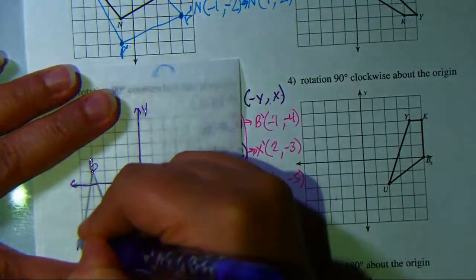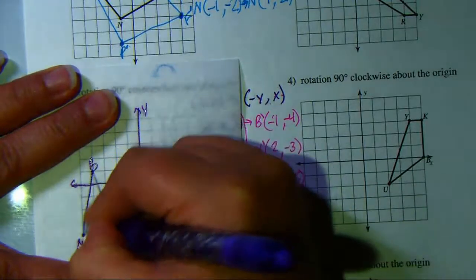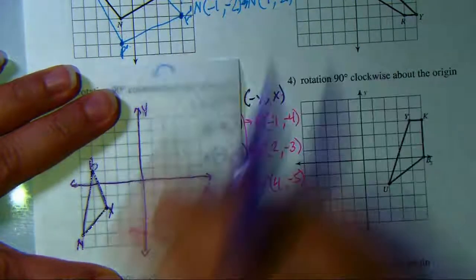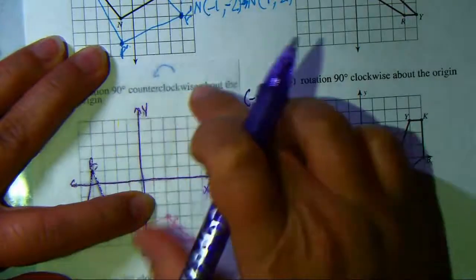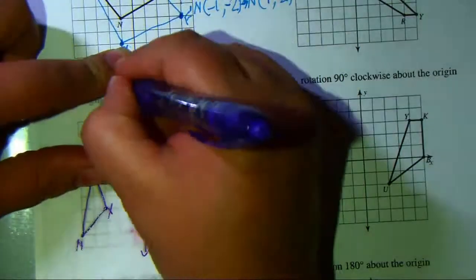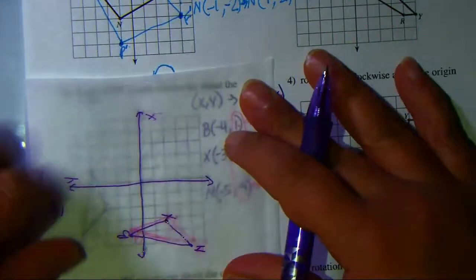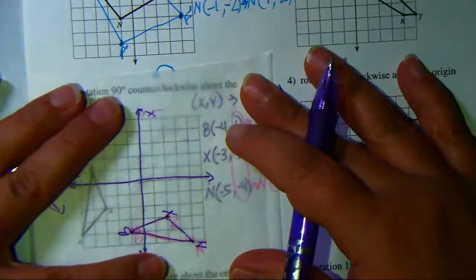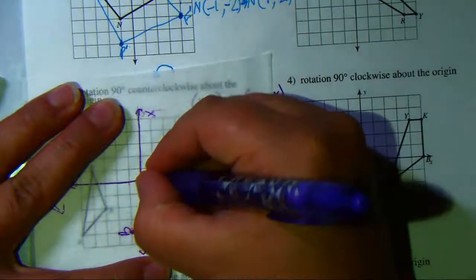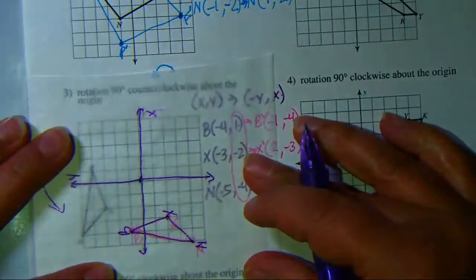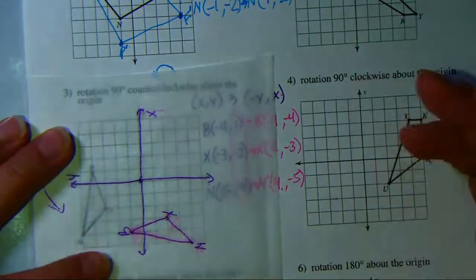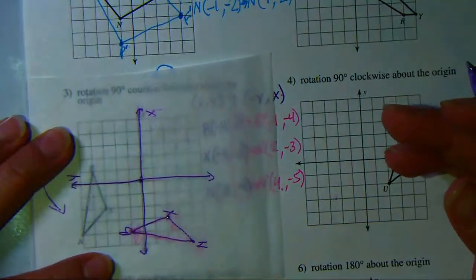Here's x. Here's n. This is our original triangle. Rotating it 90 degrees counterclockwise, that means we're going this way. So 90 degrees counterclockwise, matching up our origin here. Bam, right there. Perfectly falls on it. Okay.